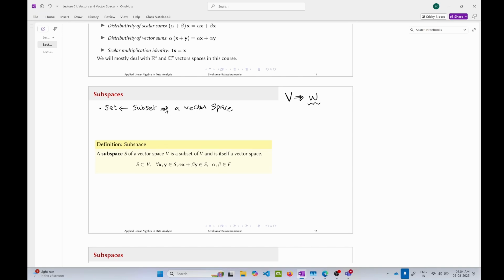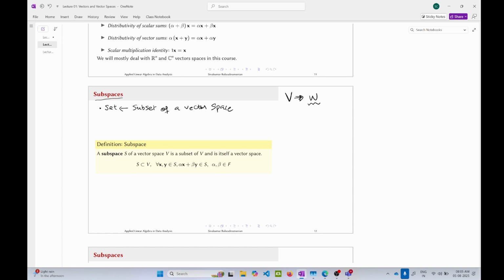Based on what we just saw, what all would you check? What is the first thing you check? If it has a zero element. If it does not have it, you say done. It's not a vector space. If it has the zero element, then you have to go and check the other two. You check whether it's closed under vector scaling and whether it's closed under vector addition. And if those two are satisfied, then W also is a vector space. Okay, so that's essentially a subspace.